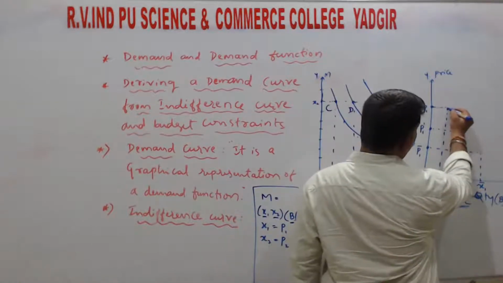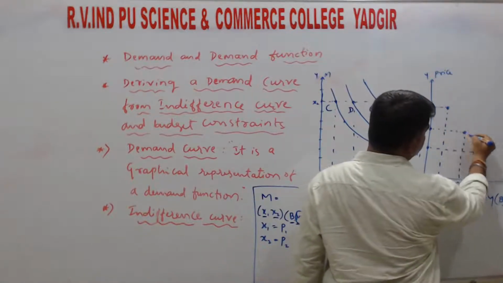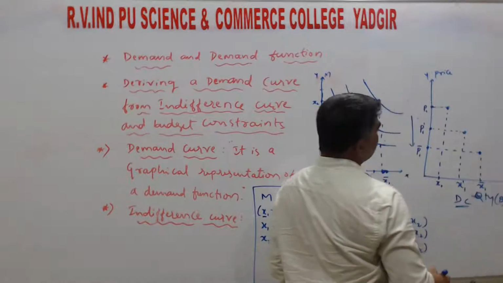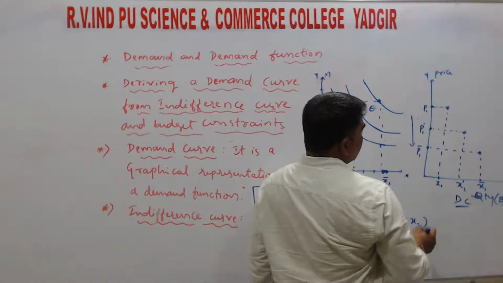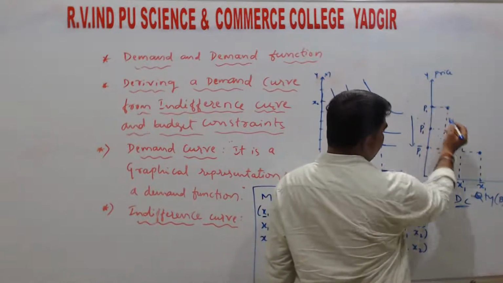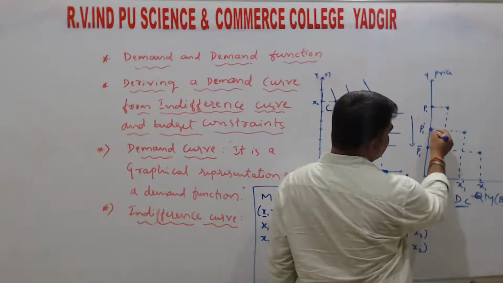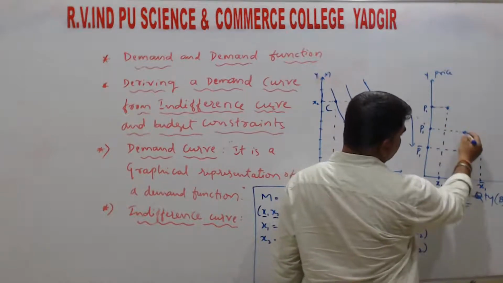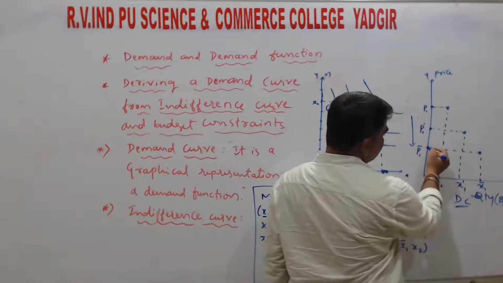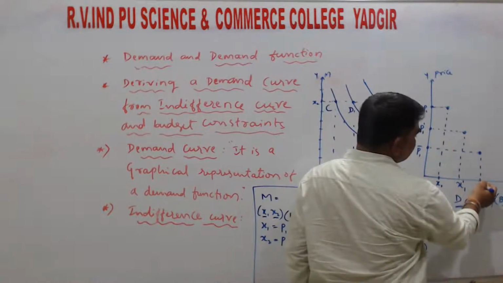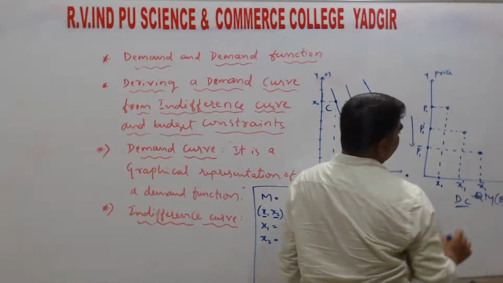Now we have the points here. When the price is higher, quantity is less. When price is lower, quantity is more. When price is further less, the quantity is highest.